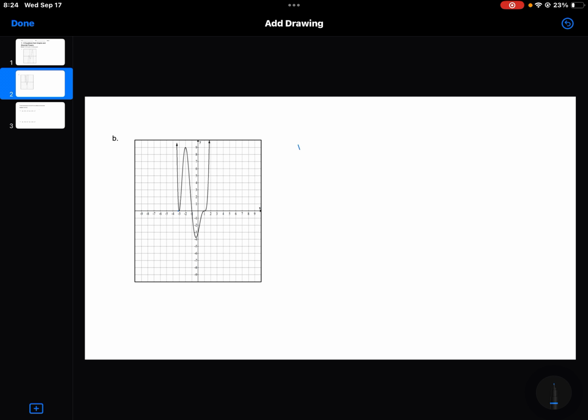So first thing I'm going to do is state f at x. I'm going to put my a value in here, and then I'm going to identify my zeros. I've got x plus 3, x plus 1, and then x minus 1.